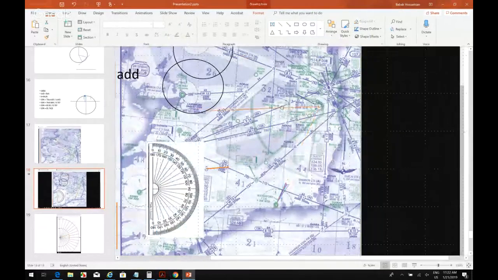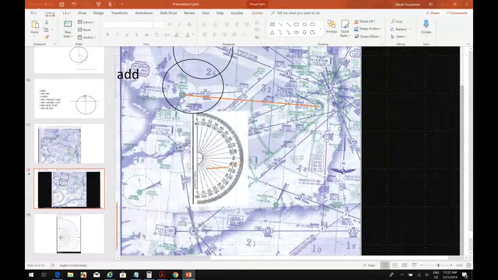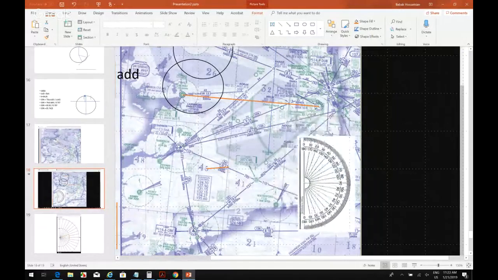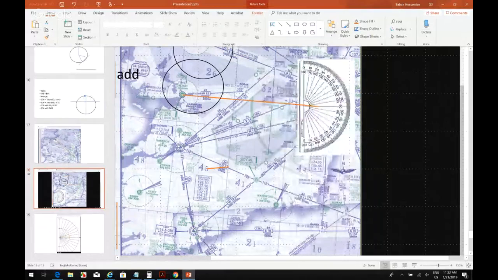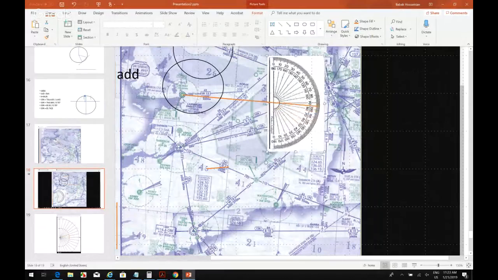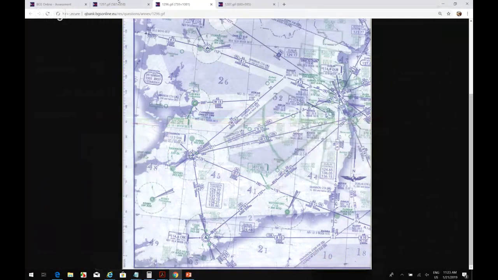Okay, so CRN is over here. The average track is the reciprocal of 095, 275. And I think it's about the same distance, 70. So 275.